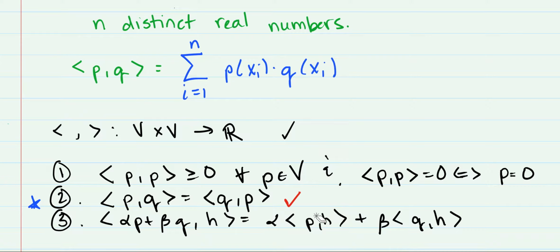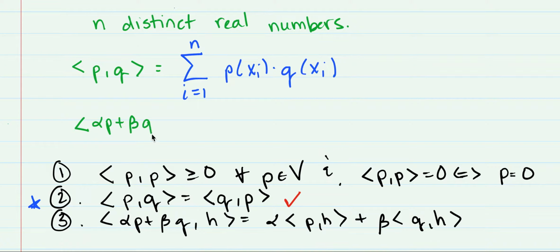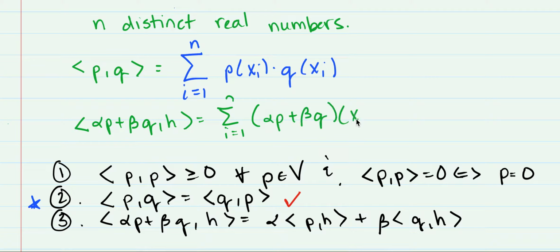What about, let's say number 3. Well, if you multiply, let's write this out. If we take alpha p plus beta q with h, then this is the sum, i equals 1 to n, of (alpha p plus beta q)(xi) times h(xi). But because of what we know of functions, we can distribute this.